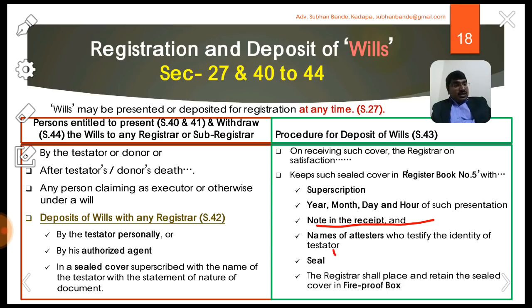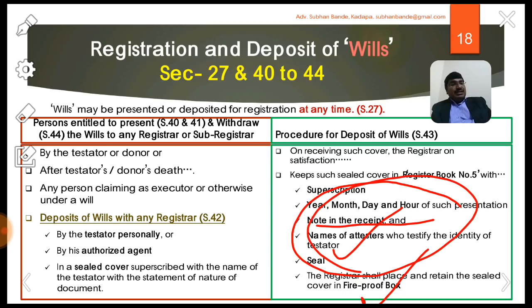Next, his seal, the registrar's seal. The registrar shall place and retain the sealed cover in a fireproof box, after keeping all these details.